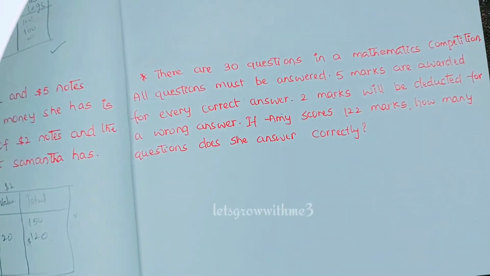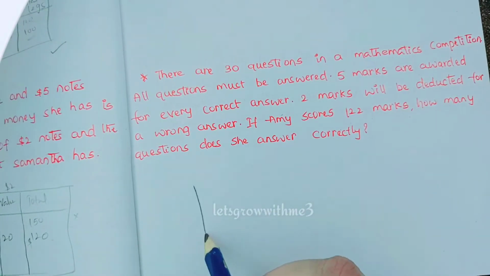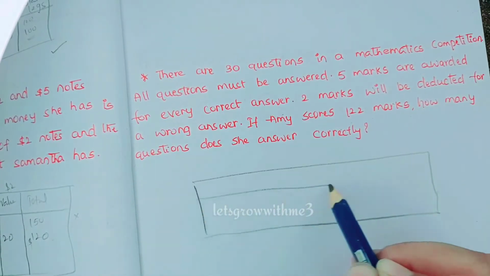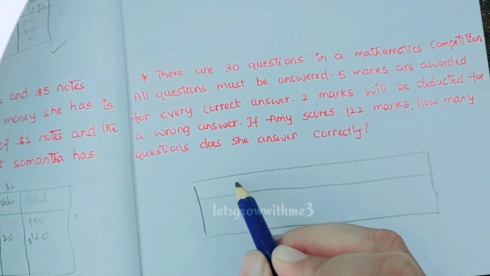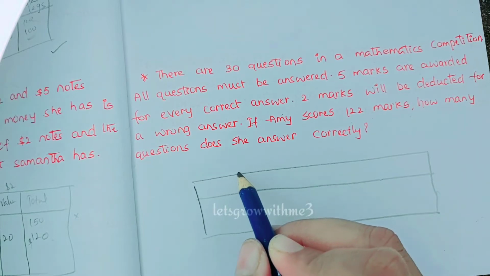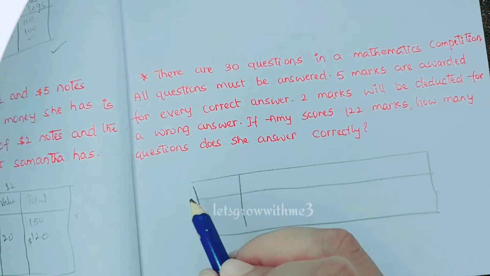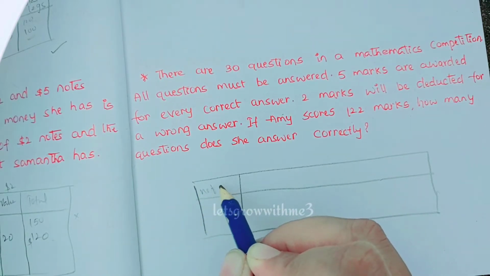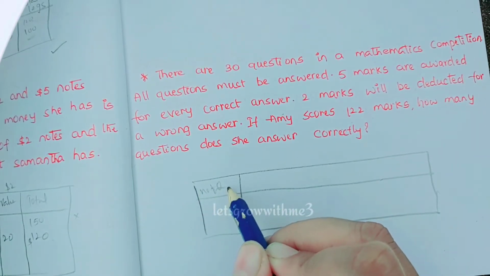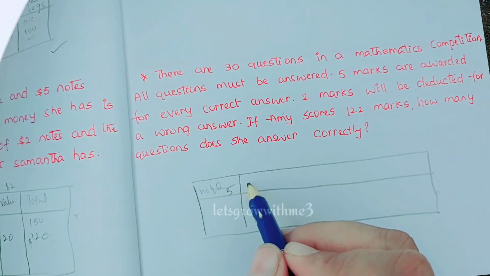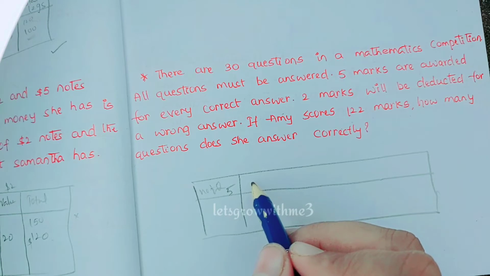Okay, so let's see here. The total number of questions in the mathematics competition is 30. And 5 marks are awarded for every correct answer, 2 marks deducted for every wrong one. So here the subjects are right answers and wrong answers: the total number of right answers and the total number of wrong answers. And the attribute is the marks we got for a right answer, and the marks related to wrong answers.